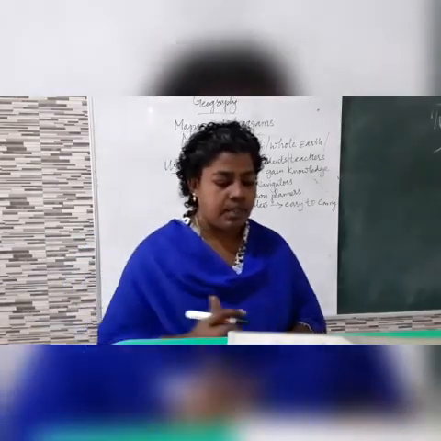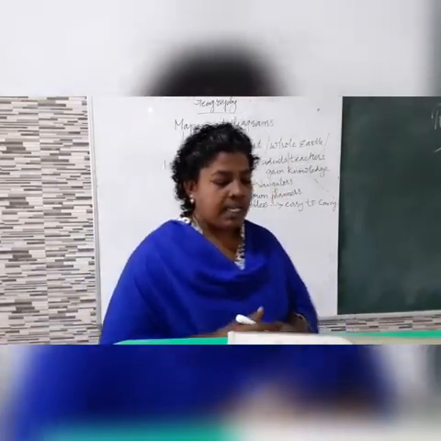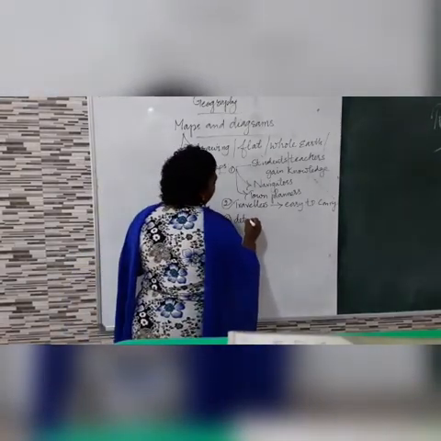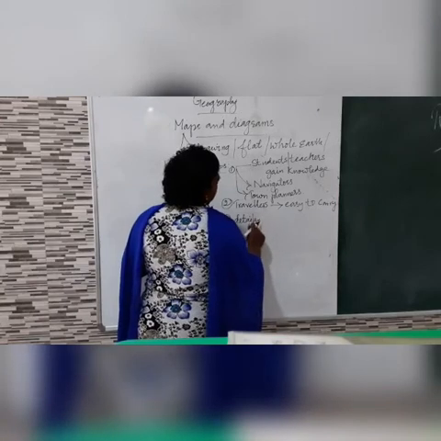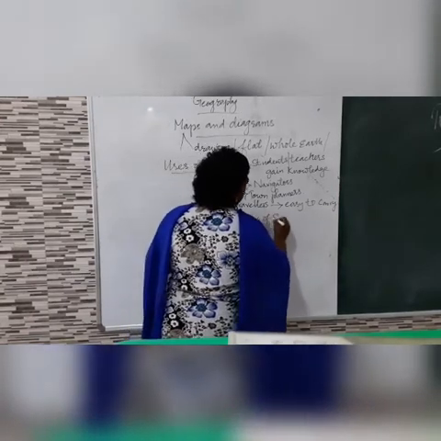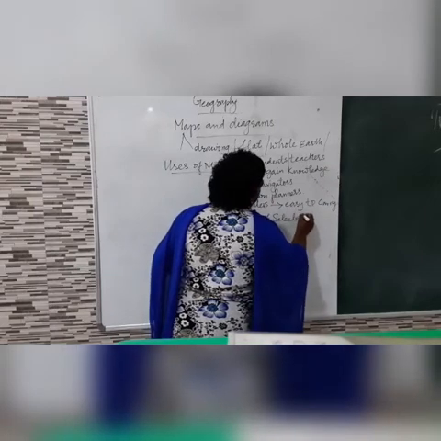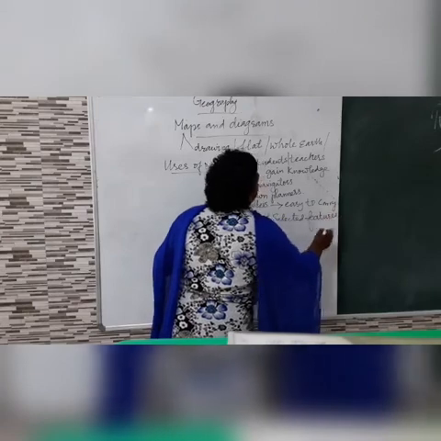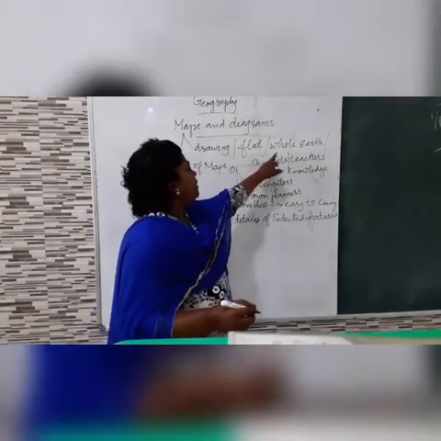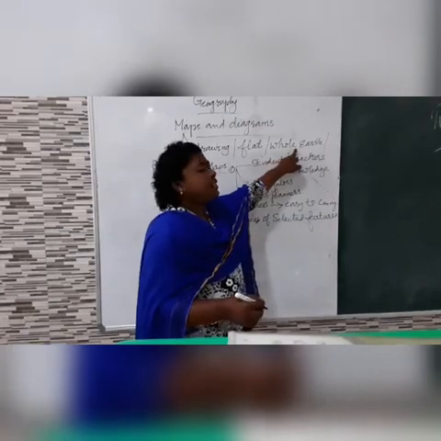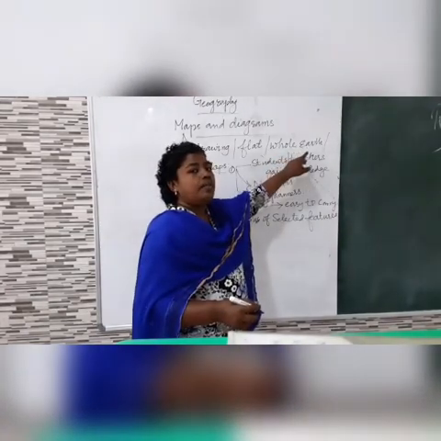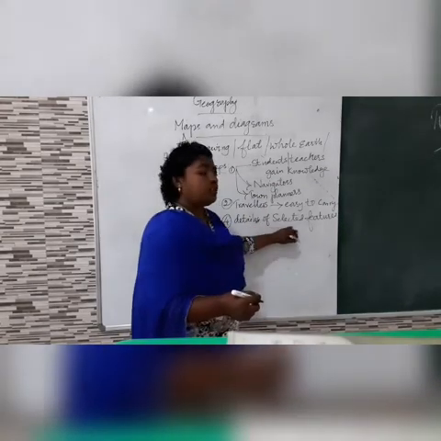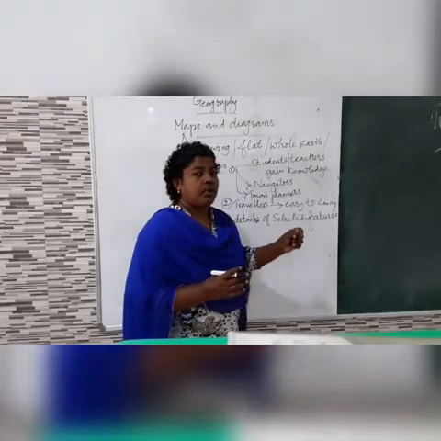It gives us the detailed information of the selected features. Why does it give us information of the selected features? Because you already learned it. It shows the whole detailed information of the whole earth or a part of it. When we say it gives us the details of selected features, for example, we have already seen the types of map.